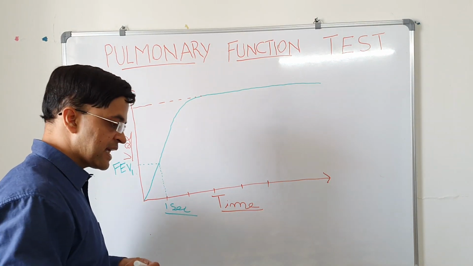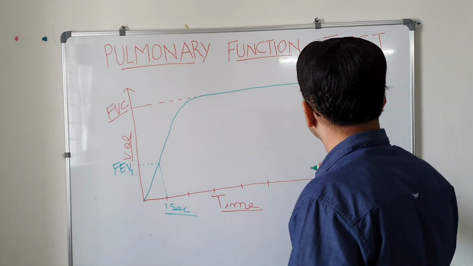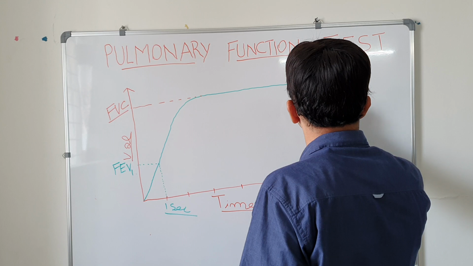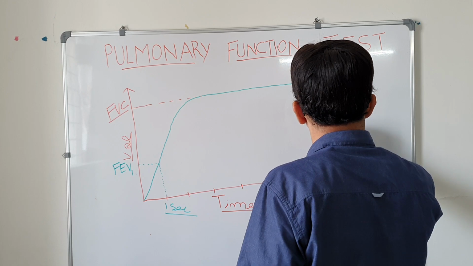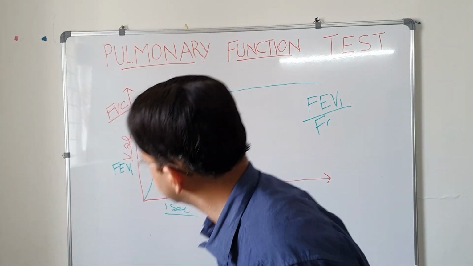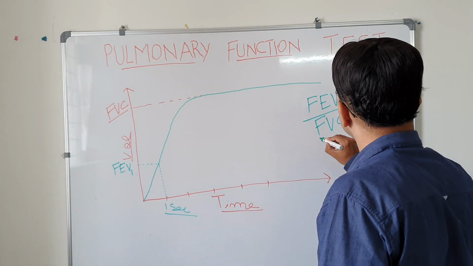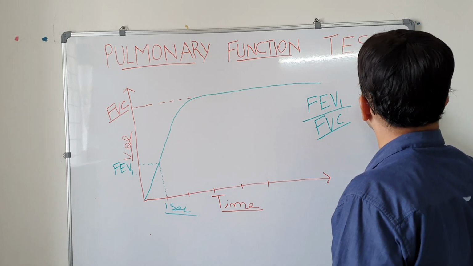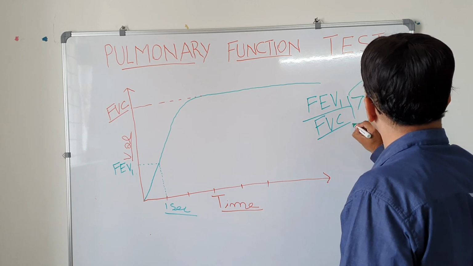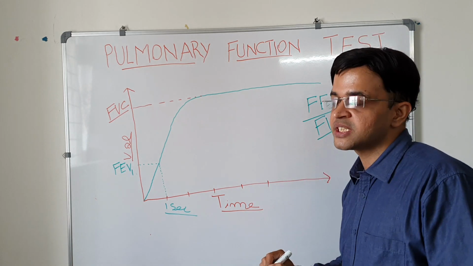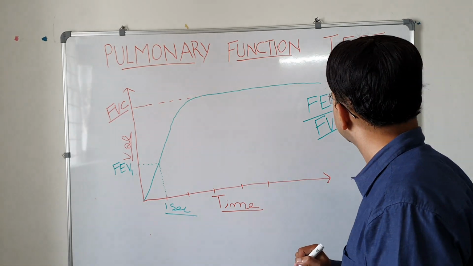Okay? And there is a ratio called FEV1 by FVC. This ratio should be more than 0.7. If this ratio comes out less than 0.7, then the patient might be having an obstructive lung disease.